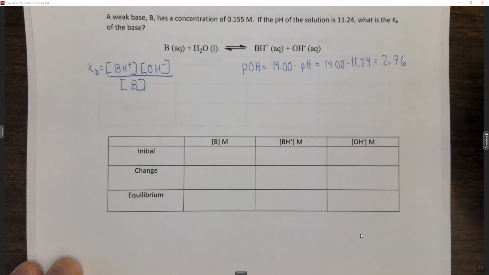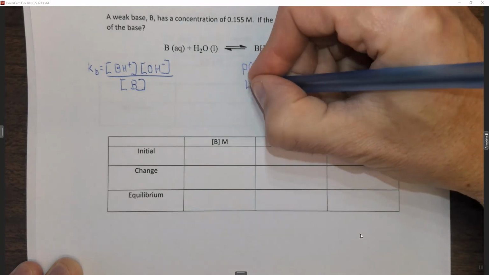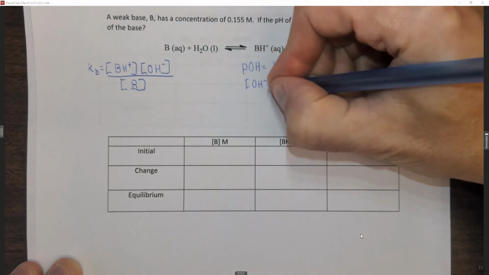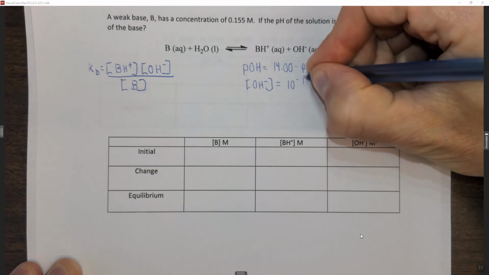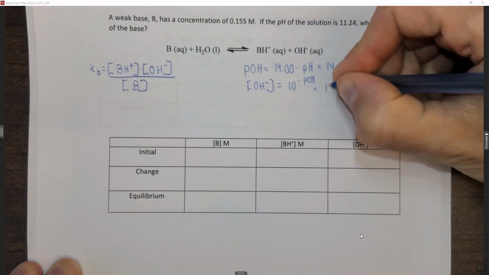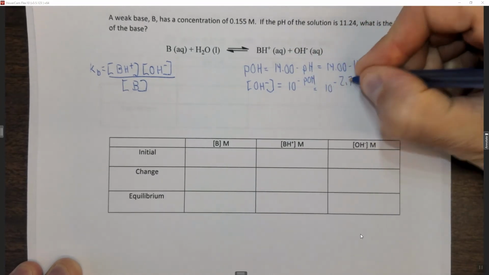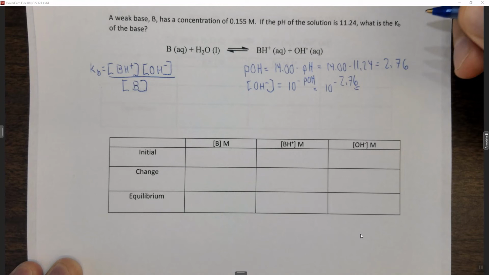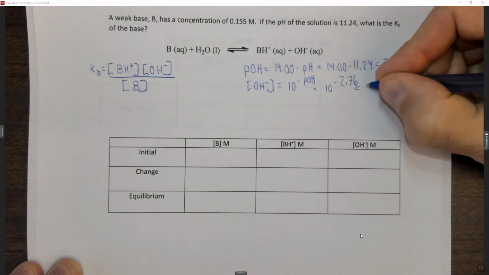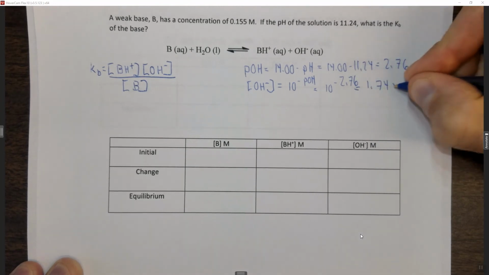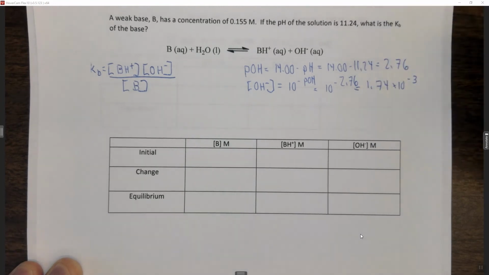So this is the pOH. Now we can find the concentration of OH-, which equals 10 to the negative pOH, which equals 10 to the negative 2.76, which is equal to 1.74 times 10 to the minus 3 molar.